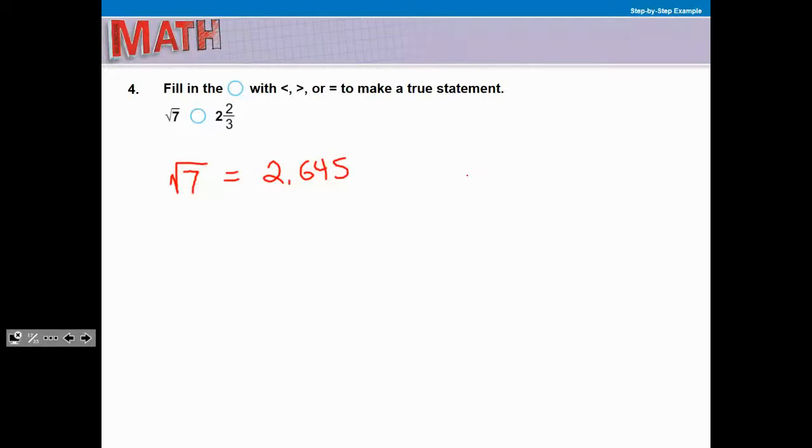So I can do my long division and realize that 2 2/3 is equal to 2 point, and then if I do 2 divided by 3, I get 6 repeating. But I want to put the same number of decimal places as my other problem so I can compare them more easily. So there we go.